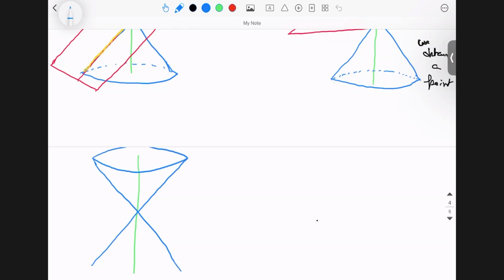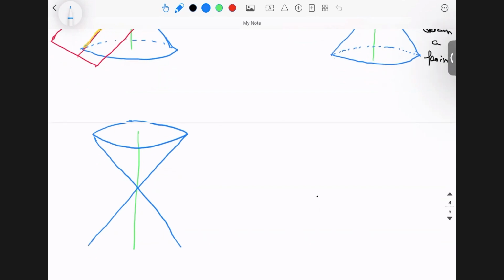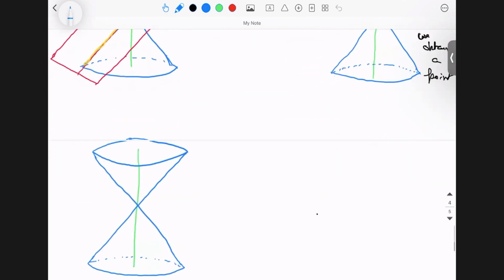Okay, let's imagine that is beyond these things. Okay, and here you can see the plane is here, but the angle is something different.